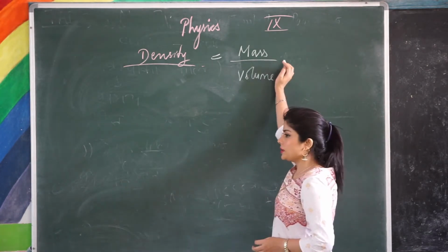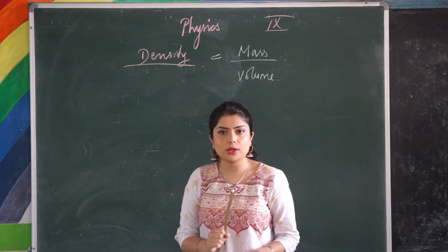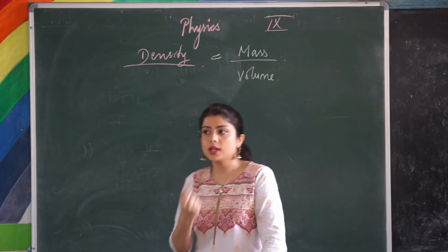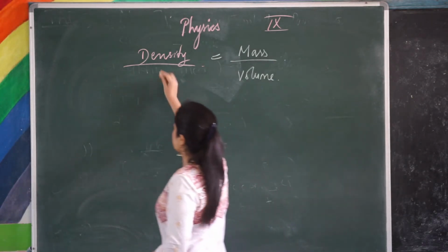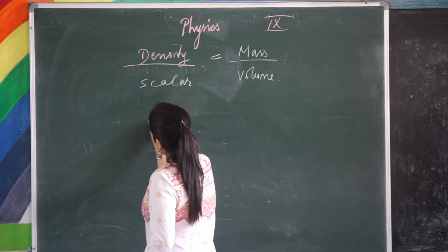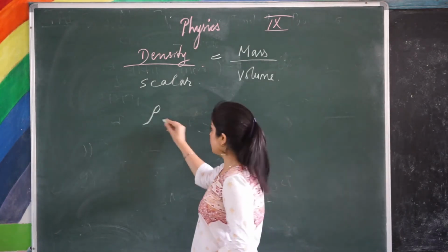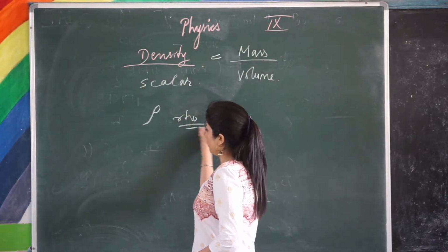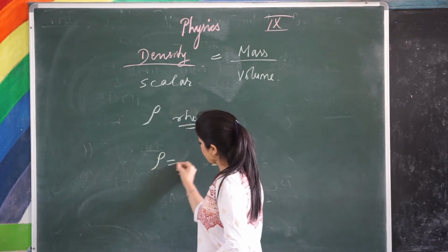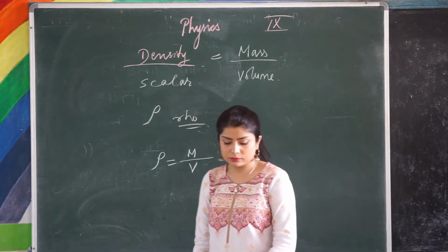Mass is a scalar quantity, even volume is a scalar quantity, so density is also a scalar quantity, because density doesn't have direction, it has only magnitude. Density is denoted by rho, R-H-O. This is how we write density. So density is equal to mass by volume.